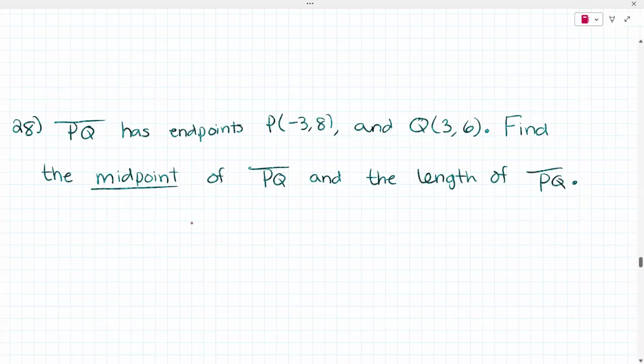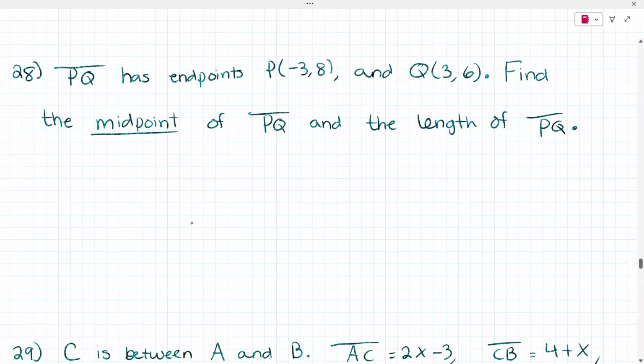Okay, let's move on to 28. Line segment PQ has endpoints of point P (negative 3, 8) and point Q (3, 6). Find the midpoint of line segment PQ and the length of PQ. So you just have to know your formula. What is the midpoint formula? Basically, you take the average of the x's and y's: x1 plus x2 over 2, comma, y1 plus y2 over 2.